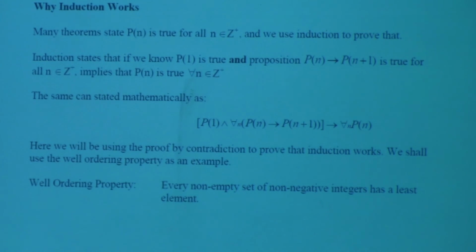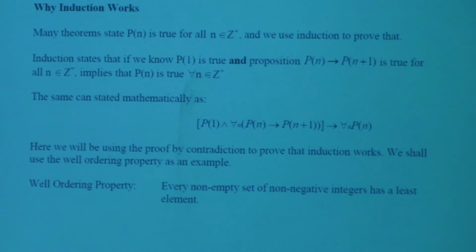So we're saying that P of 1 being true, which is the basis, and for all n values, which means for all j values less than n, if this is true, then this is true. So for all n values, P of n implies P of n plus 1.